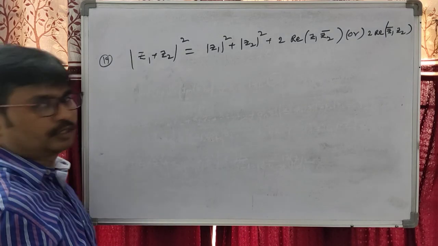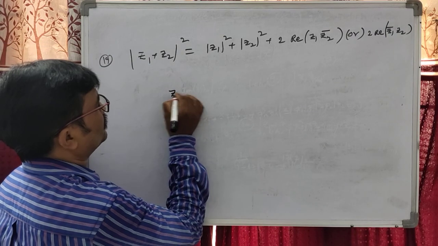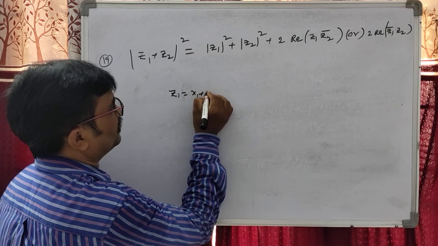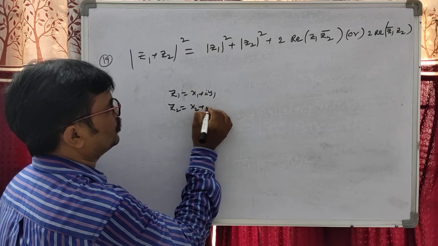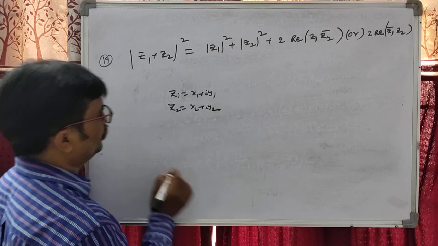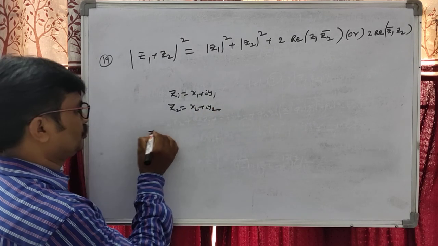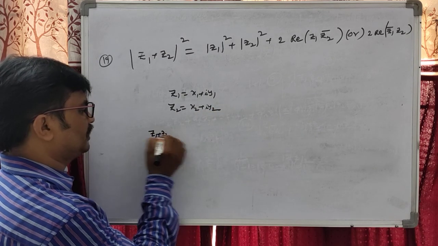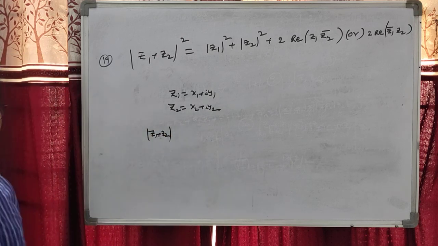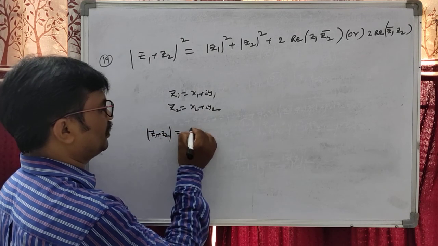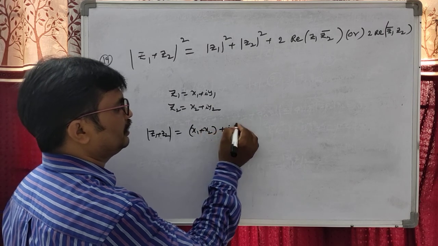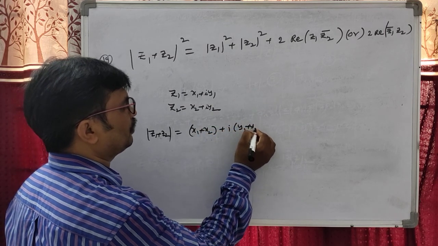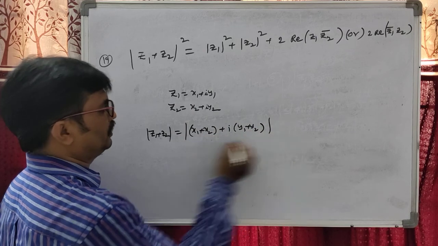So suppose, students, we are taking z1 as x1 plus iy1, z2 as x2 plus iy2. So you can write z1 plus z2 as follows: the real part is x1 plus x2, i is common, y1 plus y2, modulus is there.